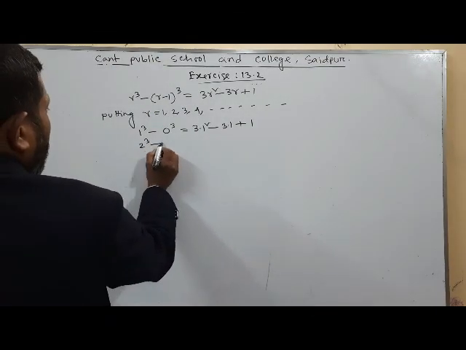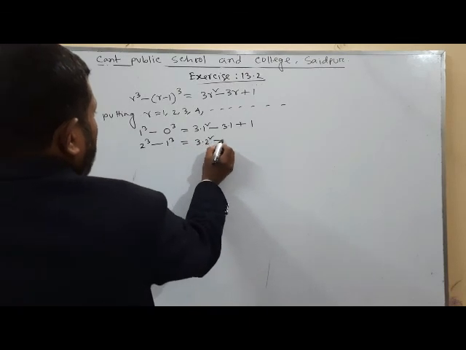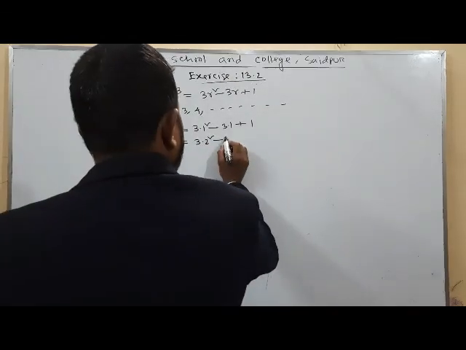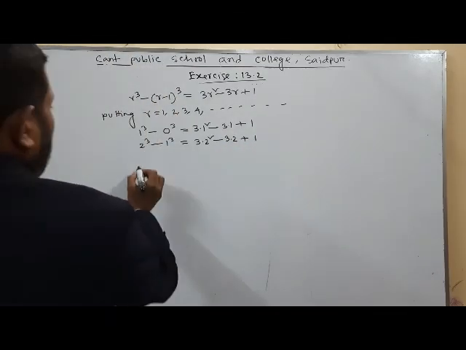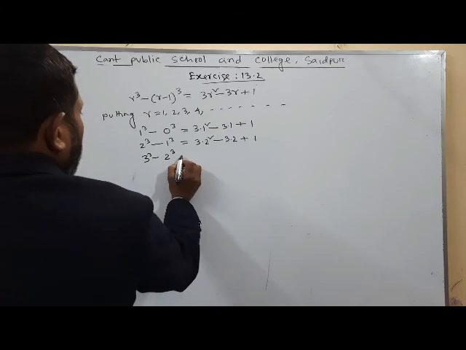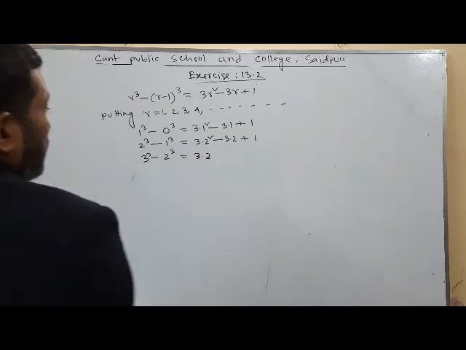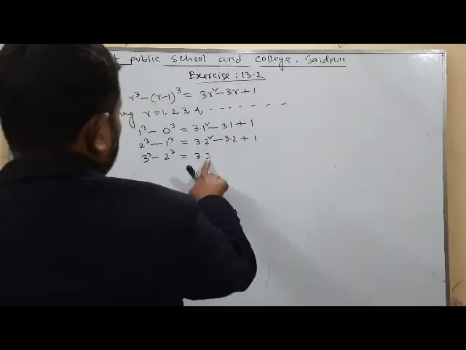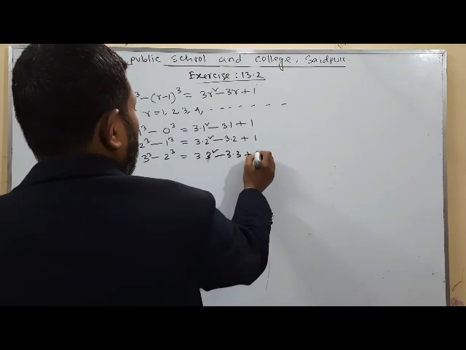Then 2 cube minus 1 cube, 3 into 2 square minus 3 into 2 plus 1. Then 3 cube minus 2 cube, 3 into 3 square minus 3 into 3 plus 1.